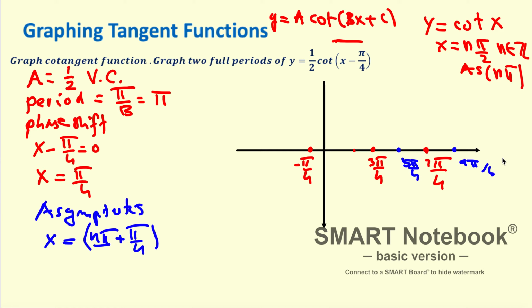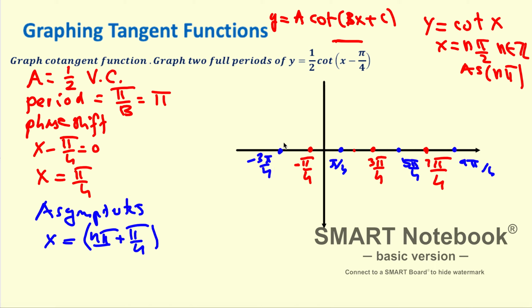In the same way going to the other side, if n is 0, we get pi over 4, so one asymptote is going to be here. If n is minus 1, minus pi plus pi over 4 is minus 3 pi over 4.